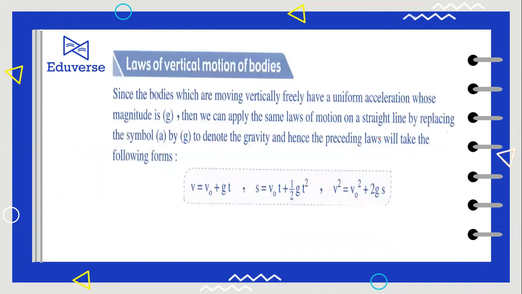Here, the laws of motion of bodies. I said V equals V naught plus A T, and V square equals V naught square plus 2 A S, and S equals V naught T plus half A T square. These are the three equations of motion horizontally.